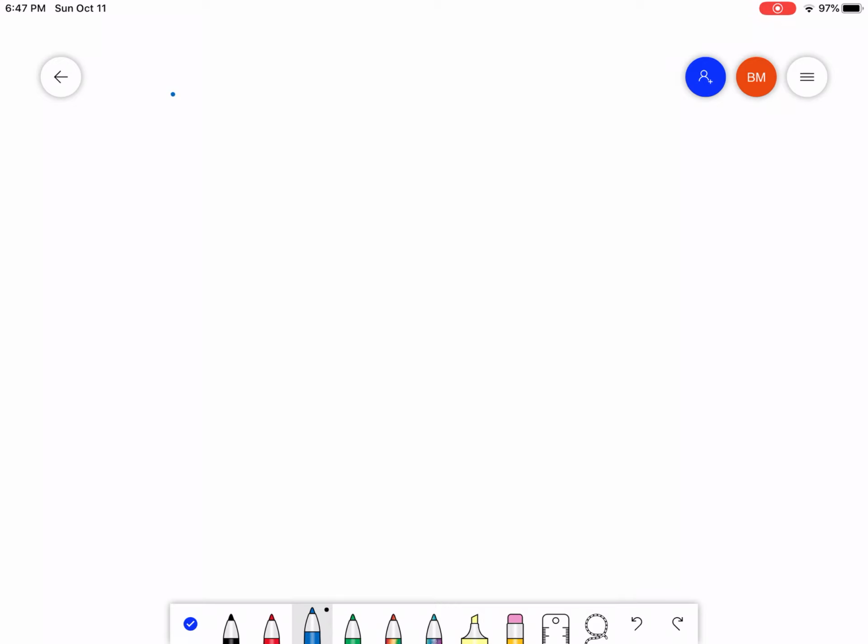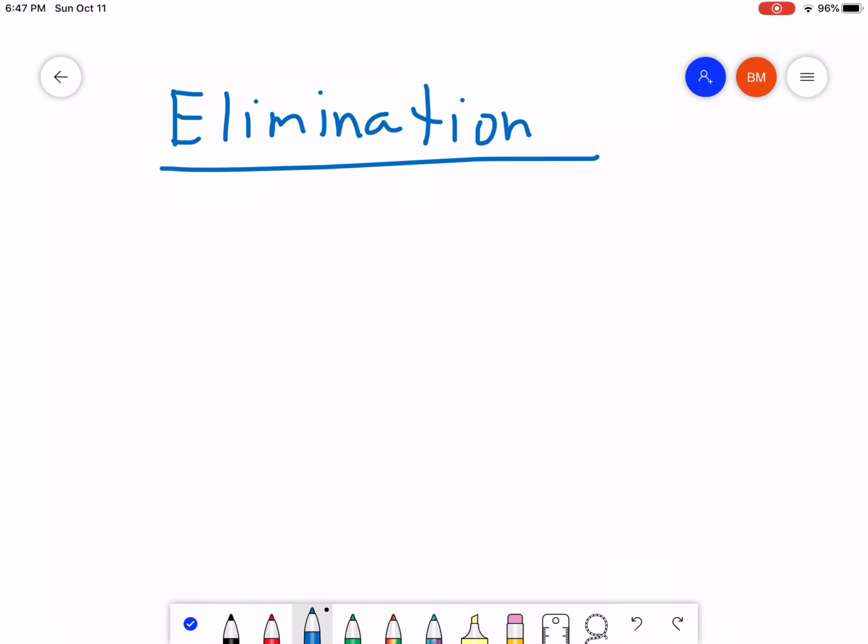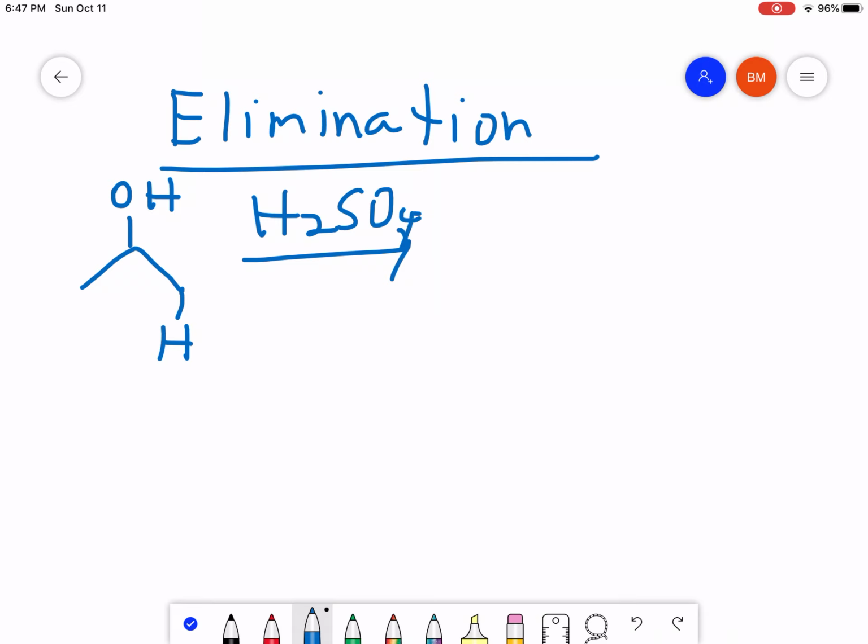All right, the second one that we're going to see is eliminations. So let's say we had this. This is isopropyl alcohol. And this time, I'm going to draw in one of those understood skeletal structure H's. They're just for illustrative purposes. You can add some sulfuric acid to this. And basically, when you hear elimination, it makes you think you're getting rid of something, right?